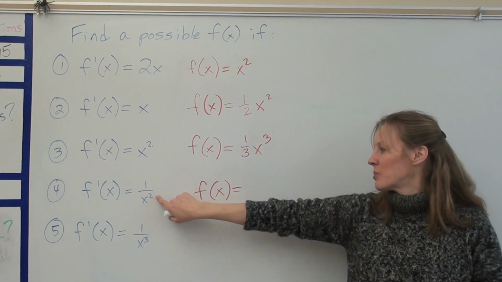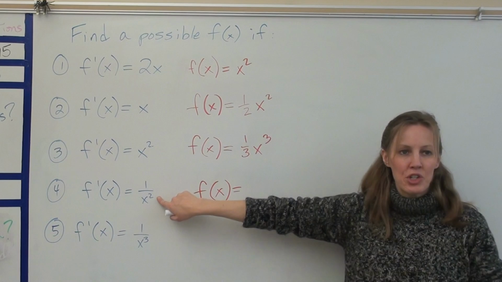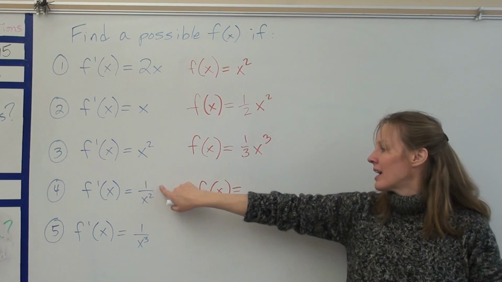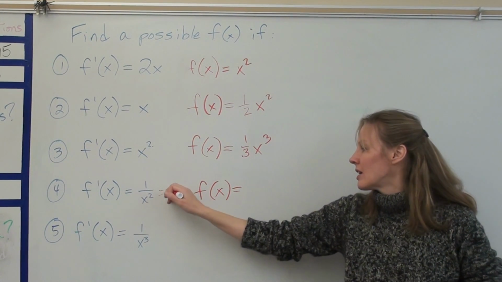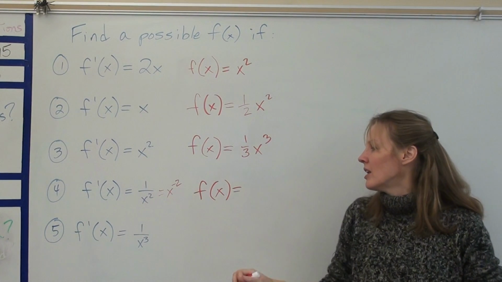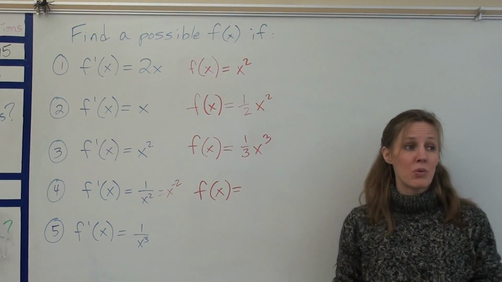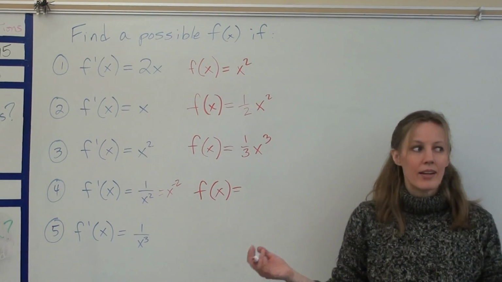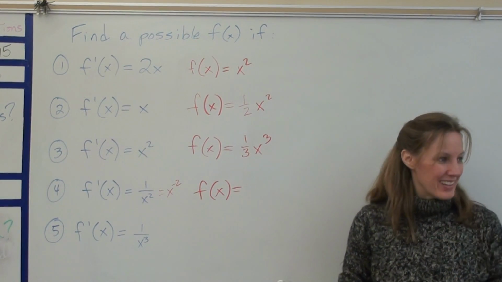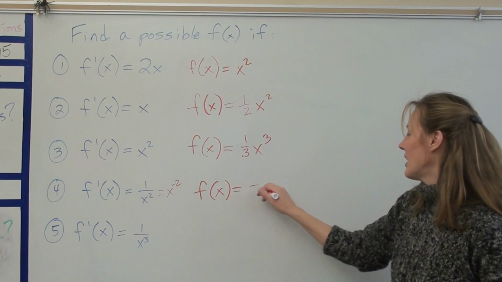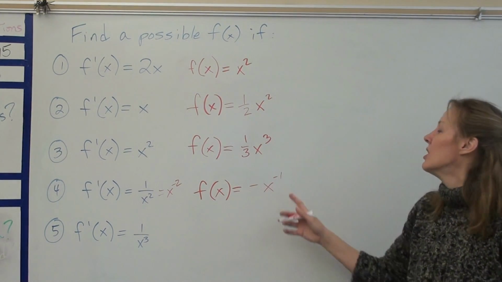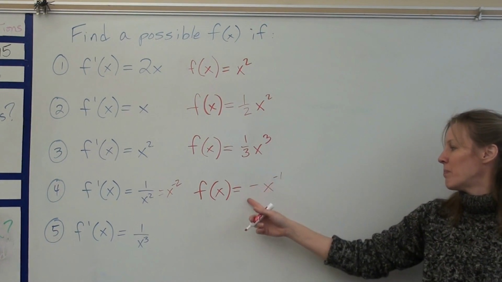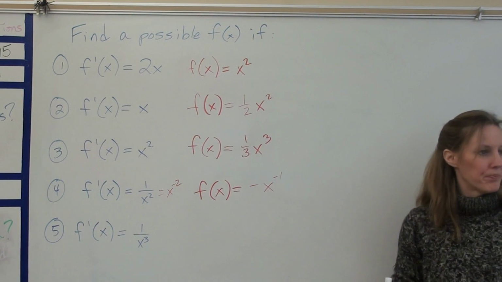That would be if the exponent was a fraction, a rational exponent. So I need a function whose derivative is x to the negative second. Negative x to the negative first. Very good, because if you do the derivative, you get positive x to the negative second.